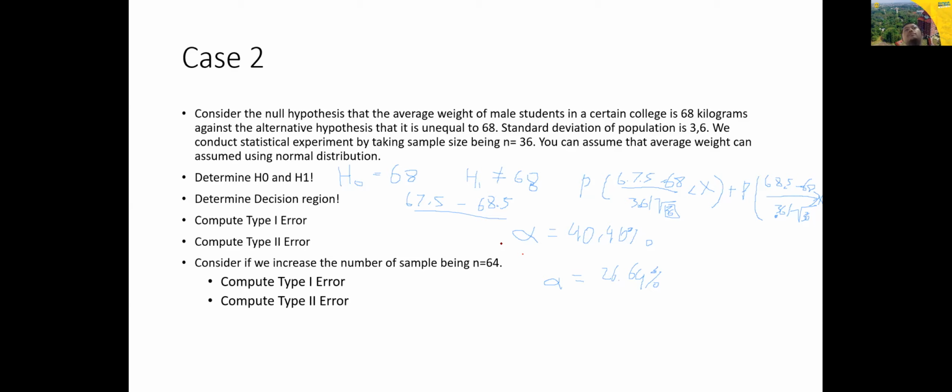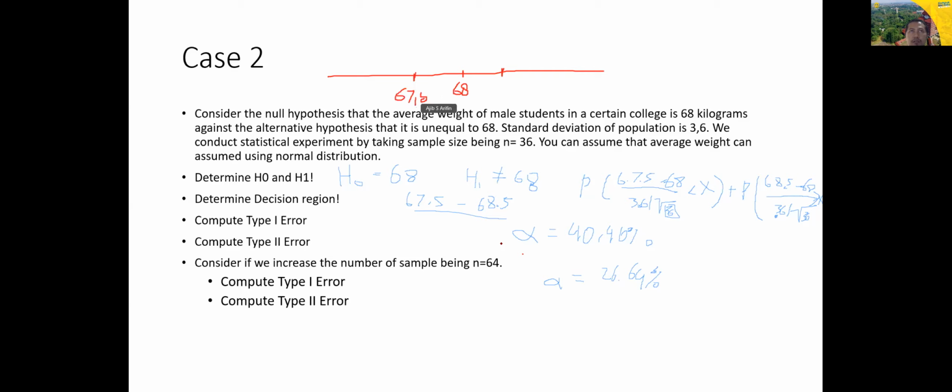So group 2 decided for the decision region located in between. If I draw it like this, let's say this is 68, and then the decision region will be located here.